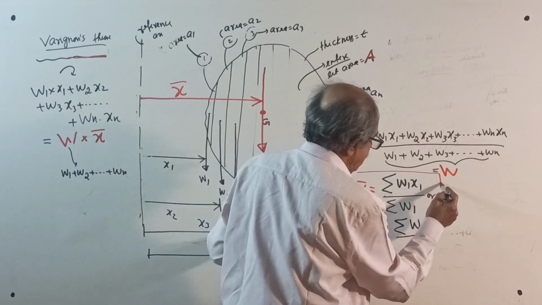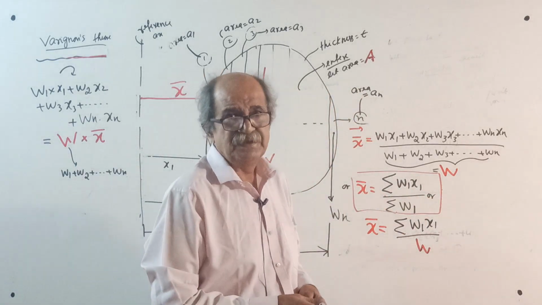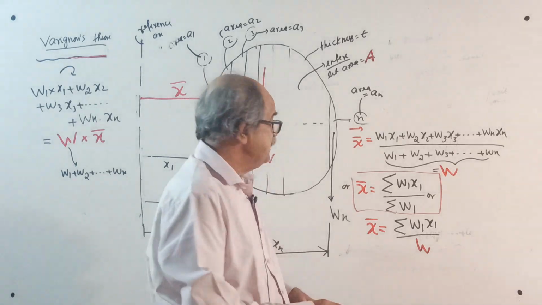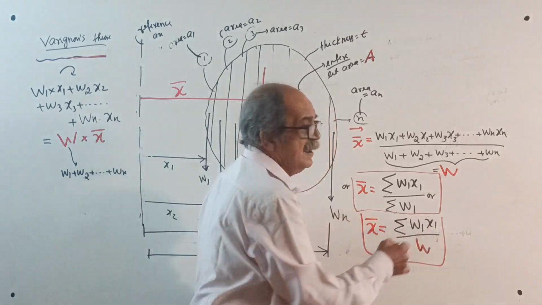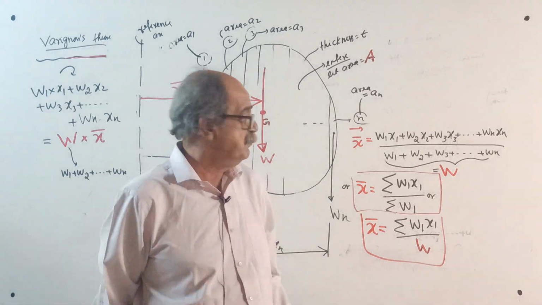Either you can use this one, W1x1, W2x2, W3x3, etc., divided by W1 plus W2 plus W3, or some people prefer W1x1 plus W2x2, etc., divided by total weight W.